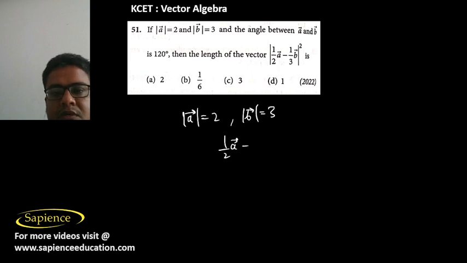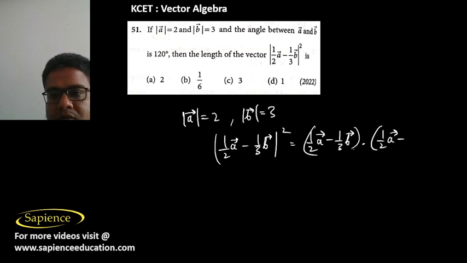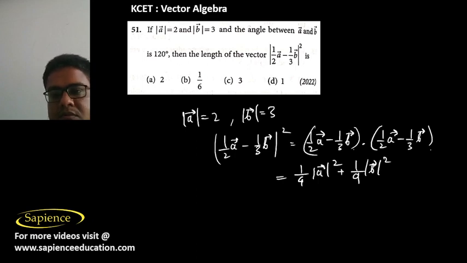Half A minus 1 by 3 B mod square, that is equal to half A minus 1 by 3 B dot 1 by 2 A minus 3 B, that is equal to 1 by 4 A dot A, that is mod A square, then plus 1 by 9 mod B square, then minus 2 into half A dot 1 by 3 B.